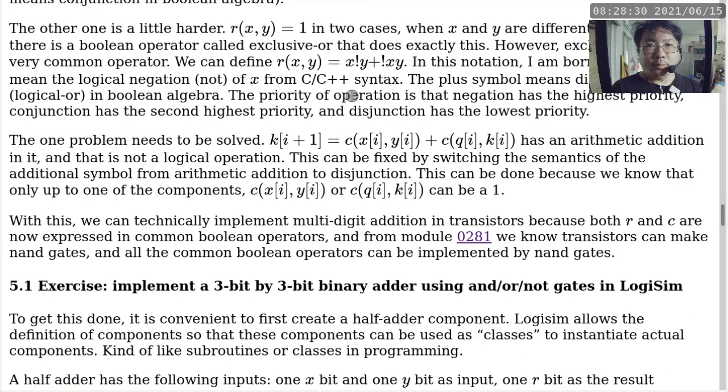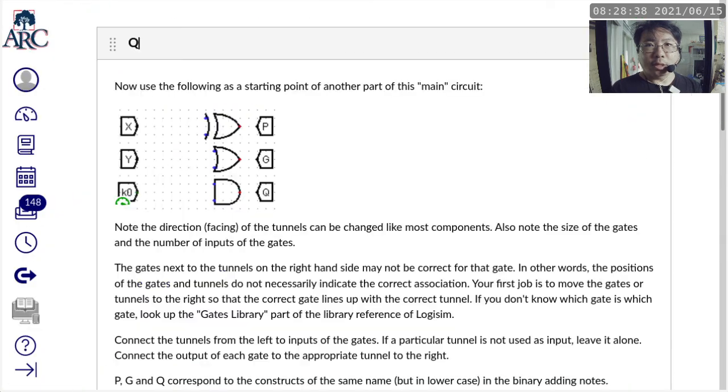And then somebody may be looking at this and go, but I don't see an OR, NOT, and AND gate up here. All we see is something that we have not seen before that looks like this. Then you're supposed to be looking at the Explorer pane of Logisim and find out what it is.